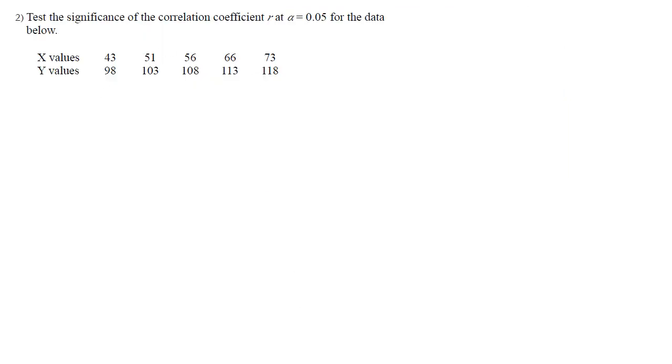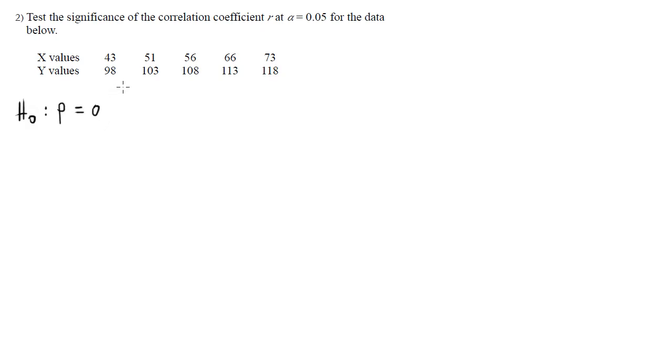First, let's state the hypotheses. For testing the significance of a correlation coefficient, we'll use the population correlation coefficient, rho. The null hypothesis says that rho is 0.